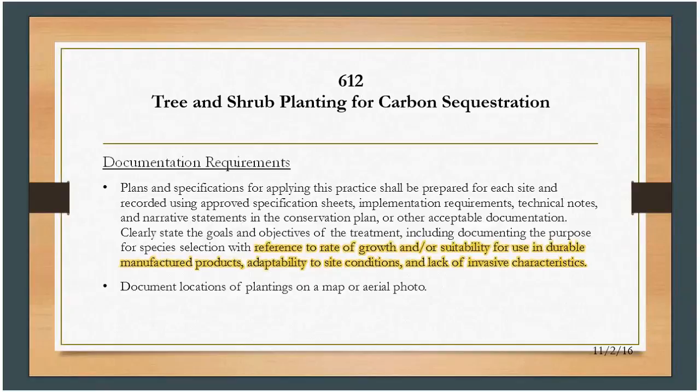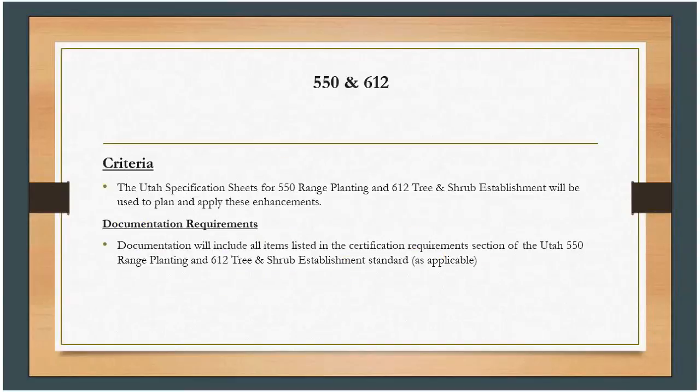Documentation requirements: beyond the normal 612 requirements, they wanted you to document why you selected the species you did, with reference to the rate of growth and/or suitability for use in durable manufactured products, as well as its lack of invasive characteristics.